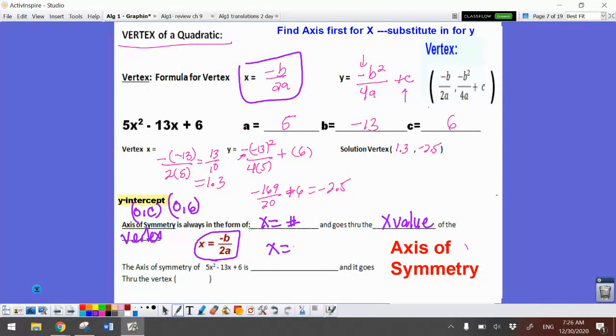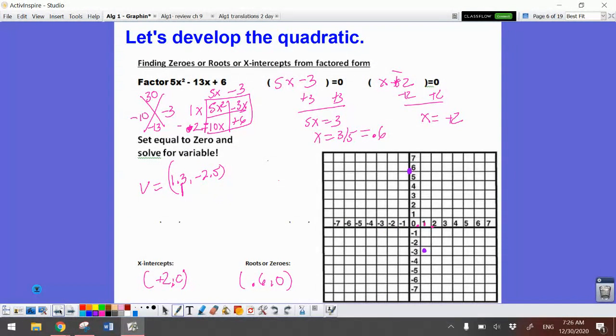The axis has to be x equals 1.3. Okay, it's 1.3 because it goes through the point 1.3, negative 2.5. It has to. So once I draw my axis, and remember your axis of symmetry, x equals 1.3, that is a dashed line.